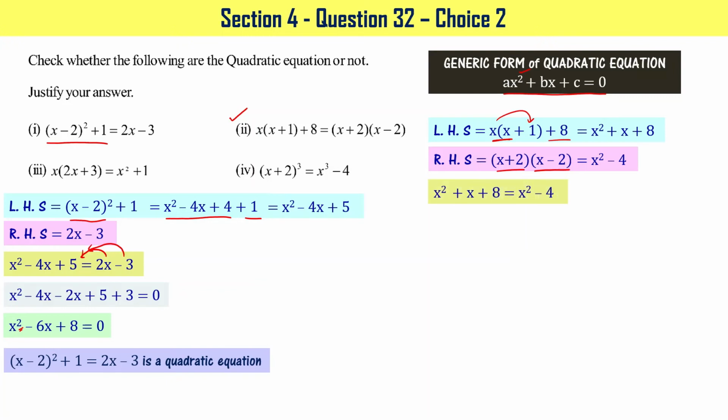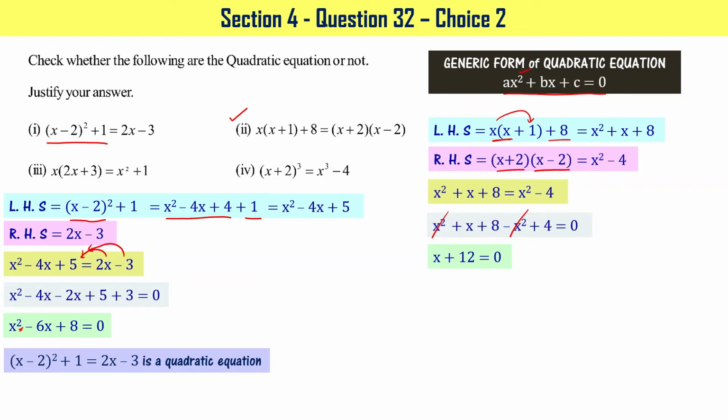Now let's equate these two, LHS and RHS. When you do that, you will get x square plus x plus 8 equal to x square minus 4. Let's rearrange this such that it can be written as x square plus x plus 8 minus x square plus 4 equal to 0. This x square and this x square can be cancelled, and now it becomes x plus 12 equal to 0.